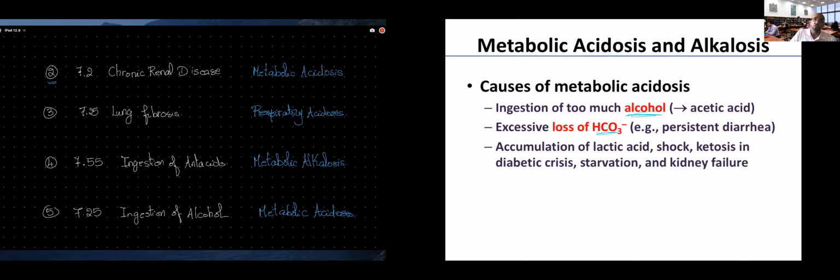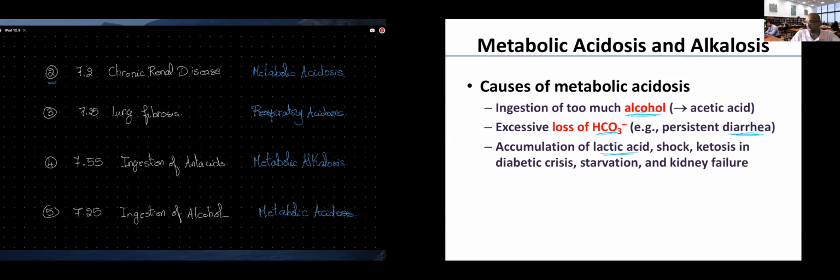Or I've lost large amounts of base, bicarbonate, like having severe diarrhea, persistent diarrhea. Having diarrhea all the time, I'm losing bicarb, which is a base. So I'm losing lots of base. So who's taking the upper hand? If you're losing base, alkalis, acids will take the upper hand.